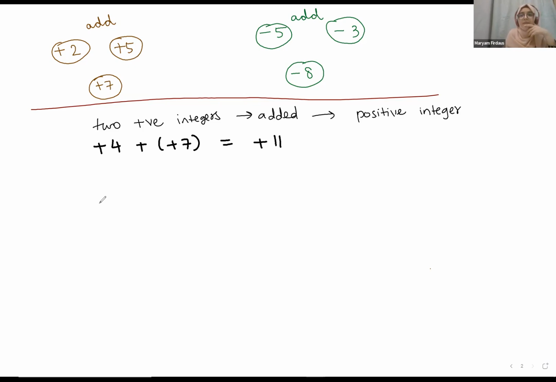When two negative integers are added, we get a positive integer.